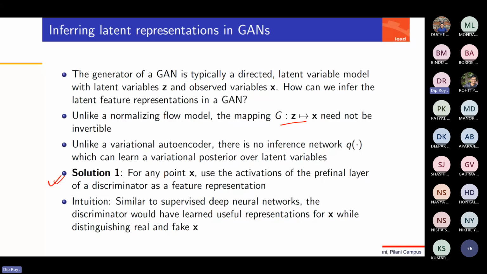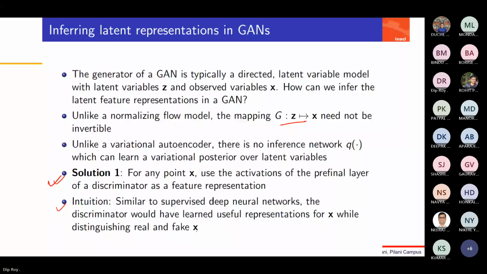The pre-final layer represents the highest level of abstraction, which we assume gives semantically understandable features. The intuition is similar to a supervised deep neural network: the discriminator would have learned useful representations of X while distinguishing real and fake X.